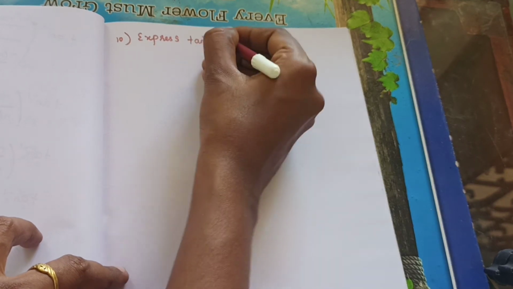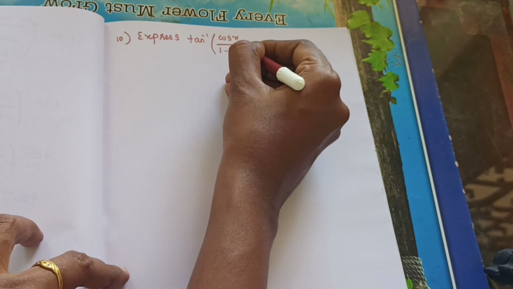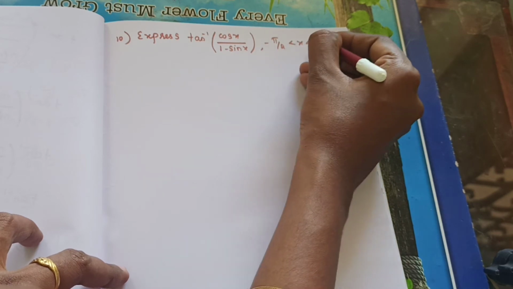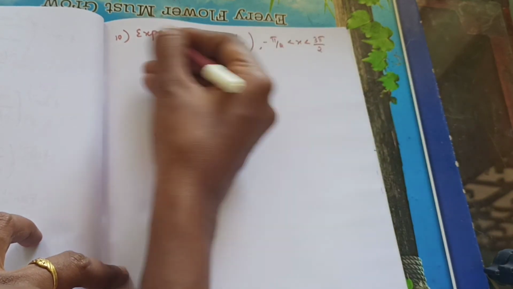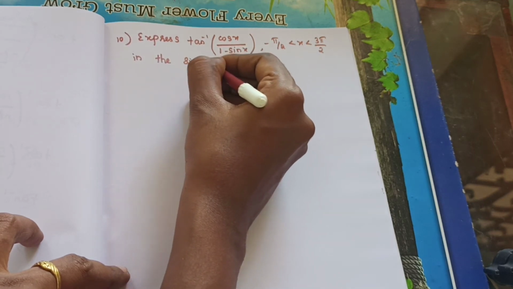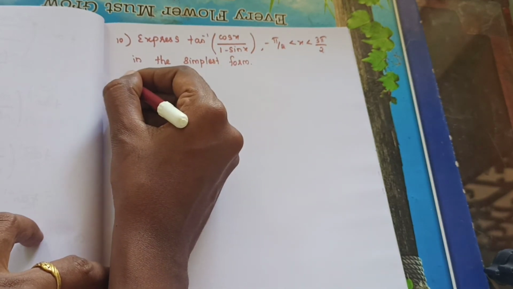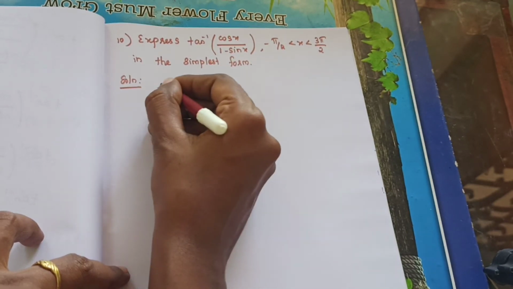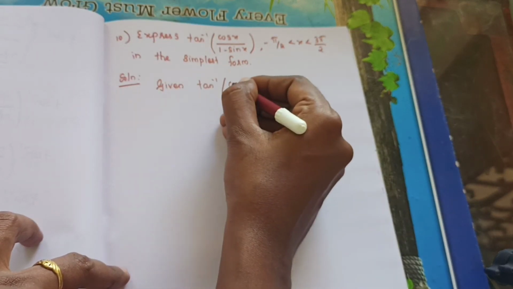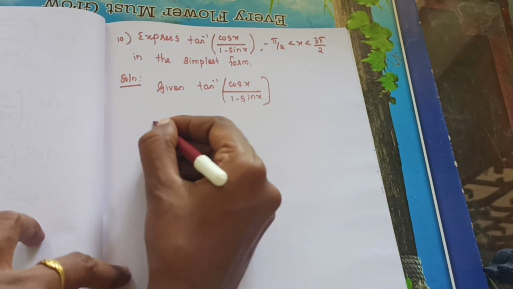Express tan inverse of cos x divided by 1 minus sin x, where minus pi by 2 is less than x less than pi by 2. Given tan inverse of cos x by 1 minus sin x.